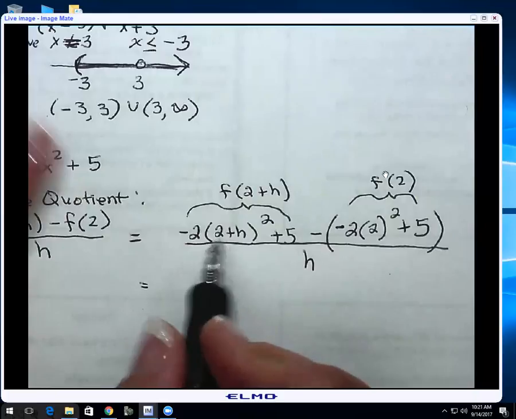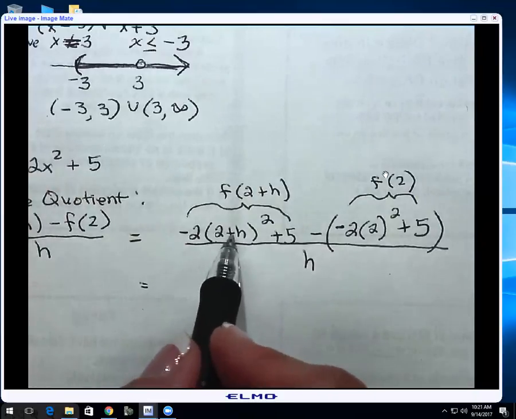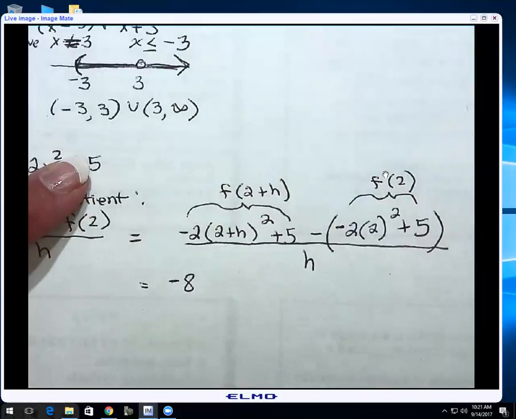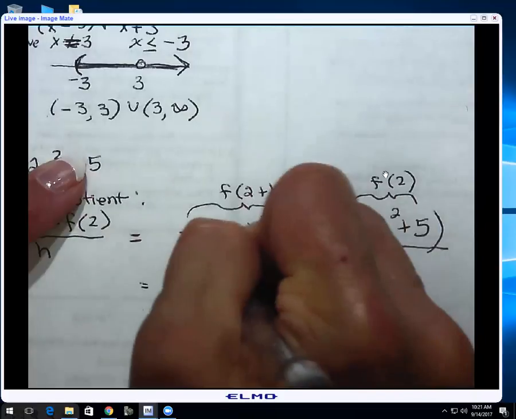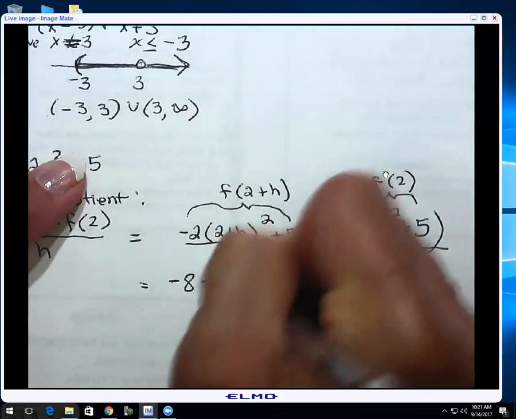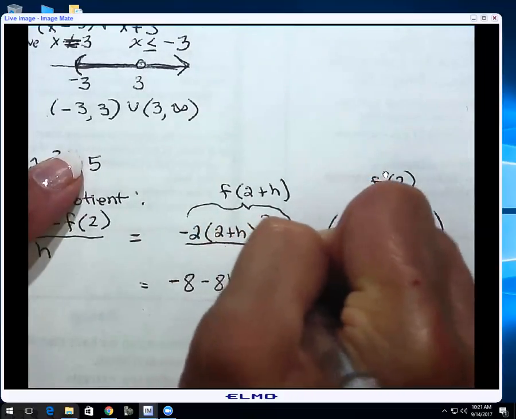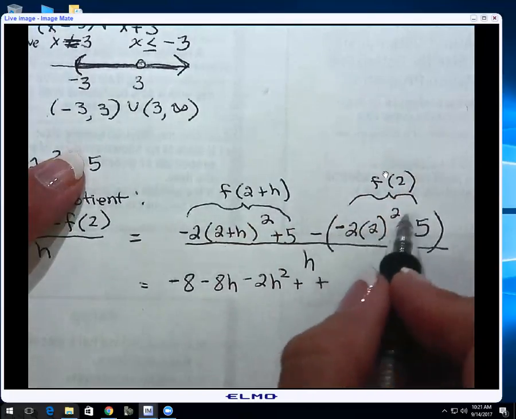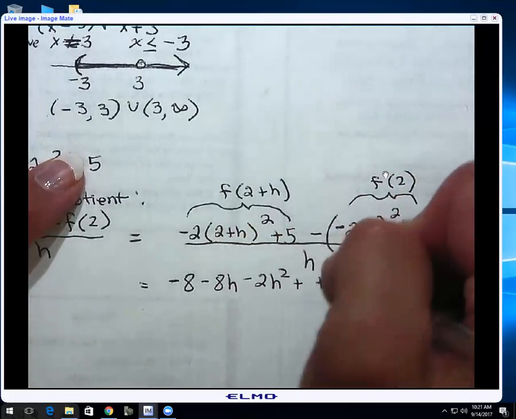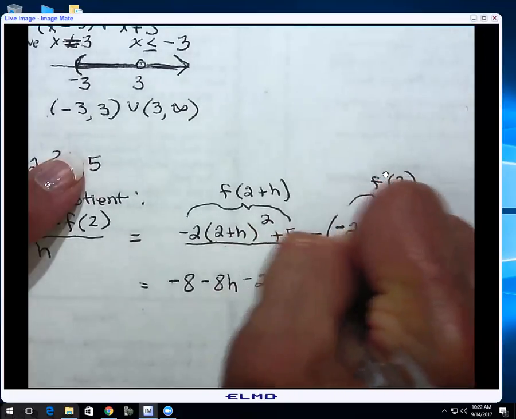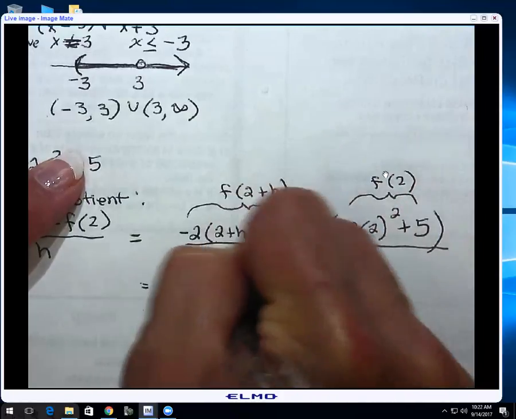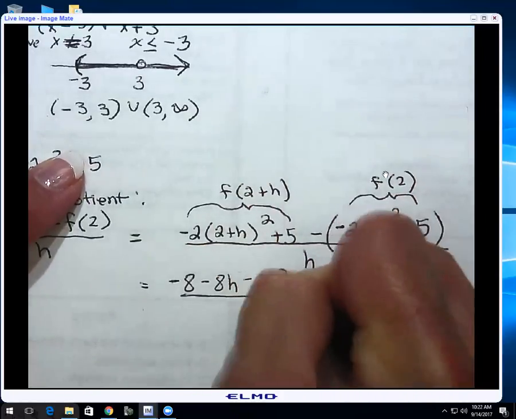2 plus h times 2 plus h would be 4, times negative 2 is negative 8. And then I'd have 2h and 2h is 4h, times negative 2, negative 8h, minus 2h squared. That's negative 8 plus 5 is negative 3. Let me double check that.